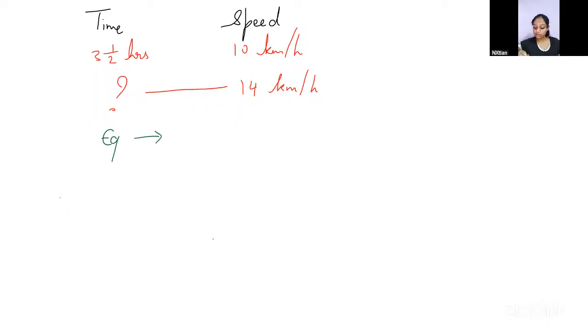Form the equation of it. 10 is to 14 equals x is to 3.5.